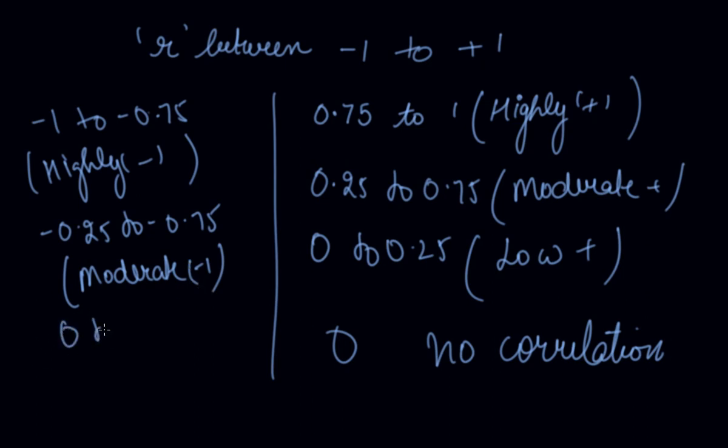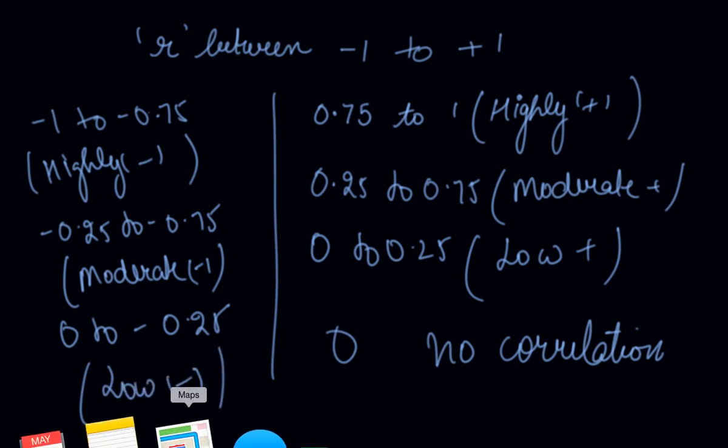And from 0 to -0.25, low negative correlation. So these are the degrees of correlation we've studied. In the same way, in Karl Pearson's method you will get a quantitative value of the correlation. We will be studying the numericals of how to calculate the coefficient of correlation in the coming videos.